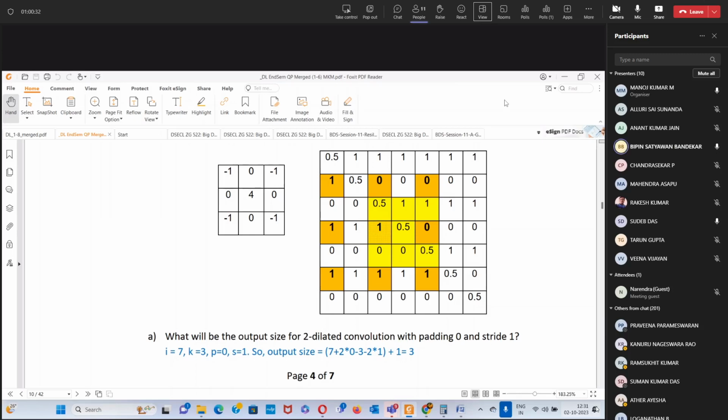Expand the filter first; the expanded columns will be all zeros, and the expanded rows will be all zeros, and apply that filter. 3 by 3 will look like a 5 by 5 now.